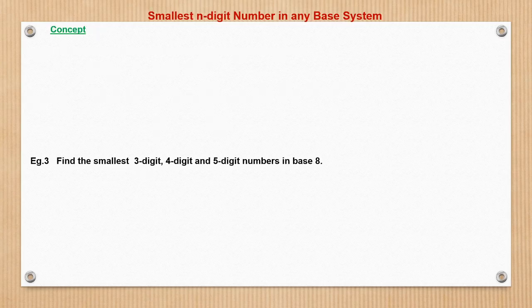Now we will look into some concepts on the smallest n-digit number and largest n-digit number in any base system. First, what happens in the decimal system?